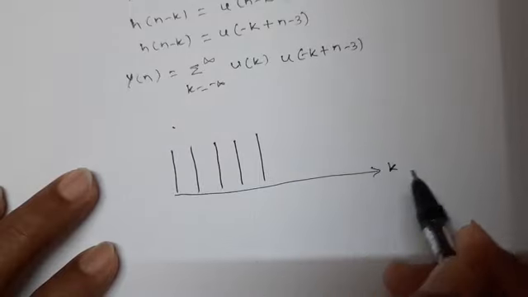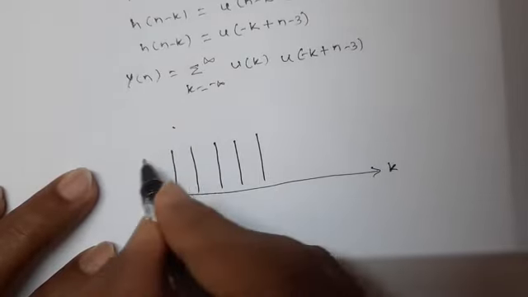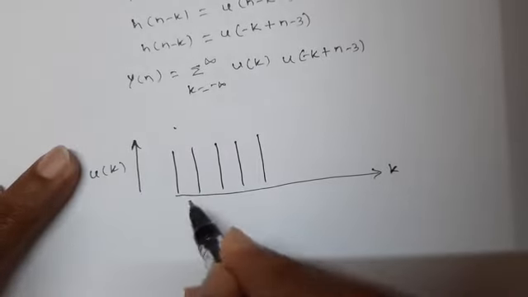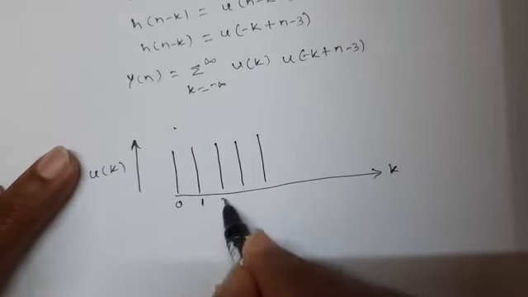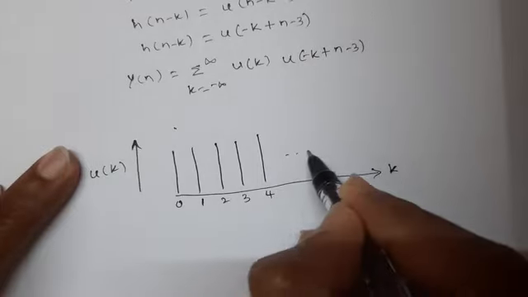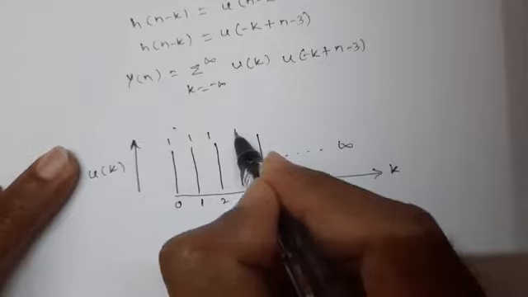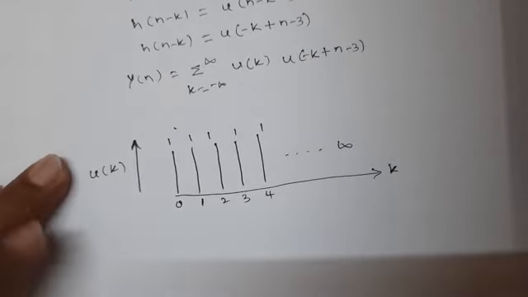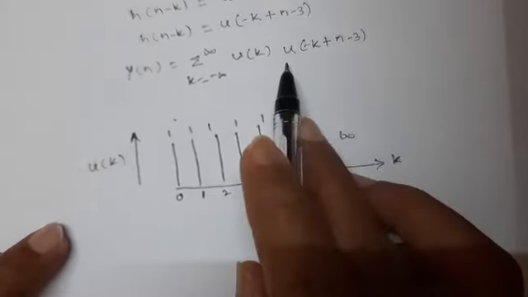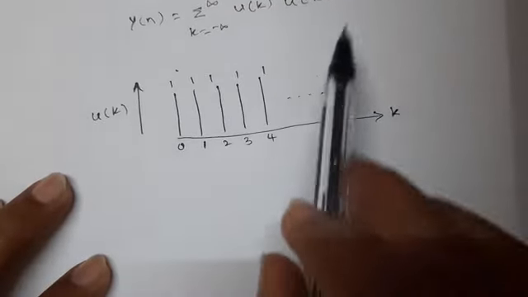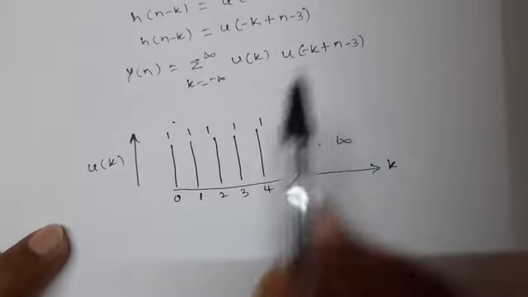This is your time axis k. This is my u of k, which exists from 0 to infinity: 0, 1, 2, 3, 4 towards plus infinity, and the amplitude of all the samples is 1. Okay. So now similarly try to draw u of minus k, which is shifted by n minus 3.